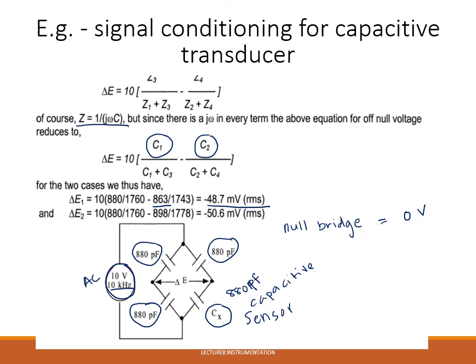And in the second condition here, the capacitance value is increasing from 880 to 898, then we still have a negative output here.